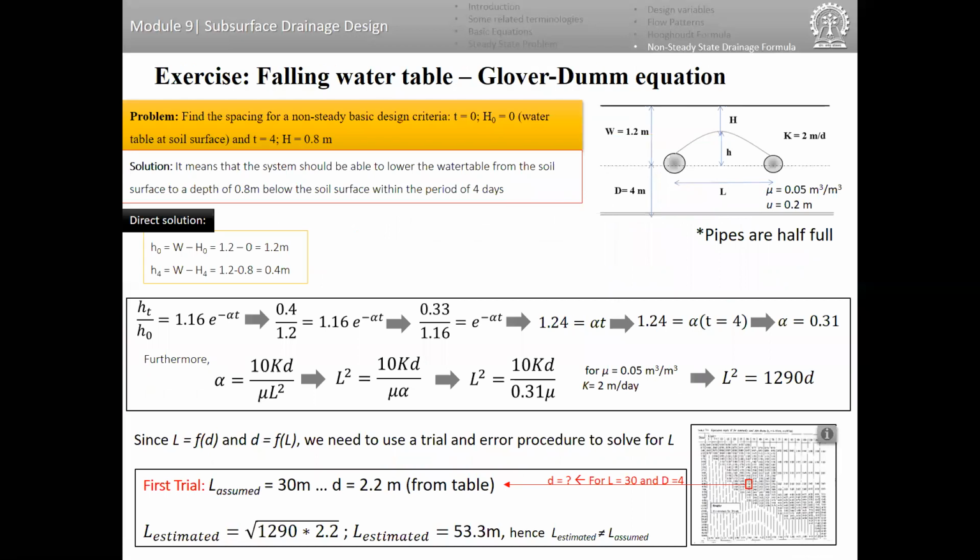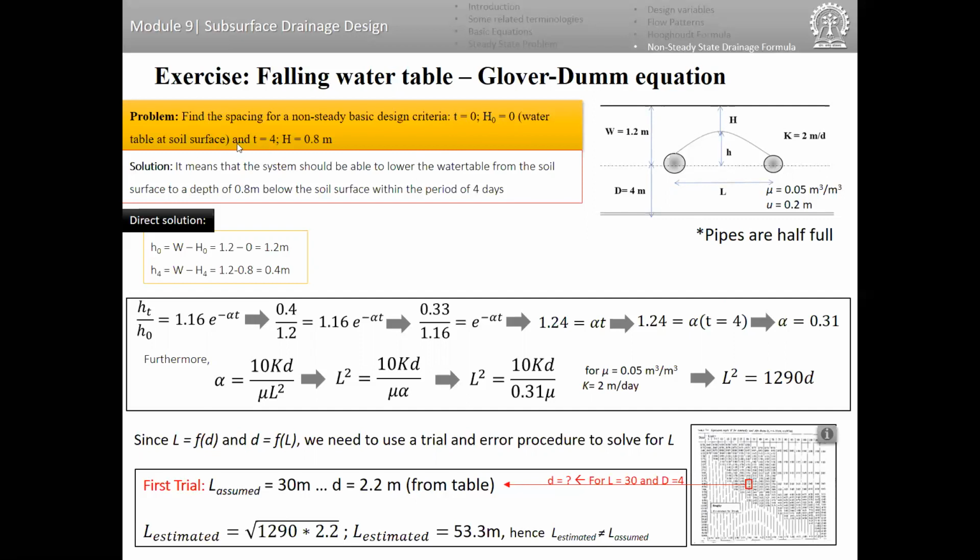Let's see one example, in which the problem is given like this. Find the spacing for the non-steady state basic design criteria. The criteria is given here. At time t equal to 0, h0 is the depth of the midway water table.